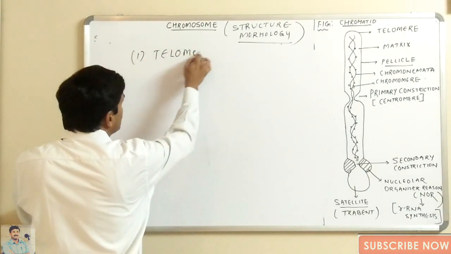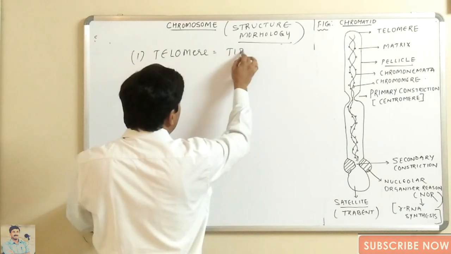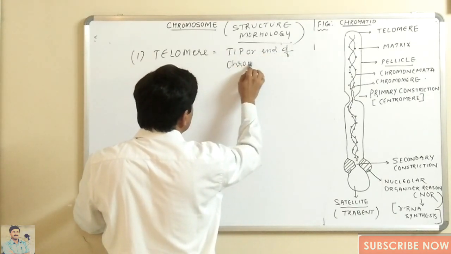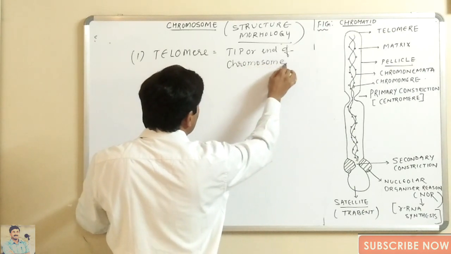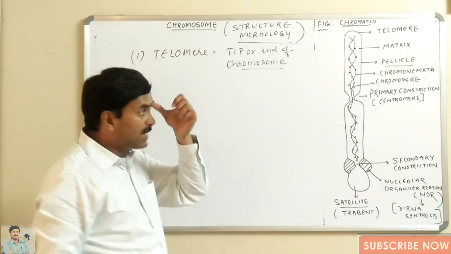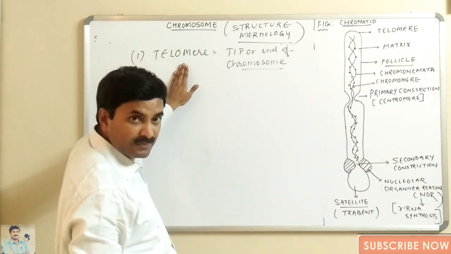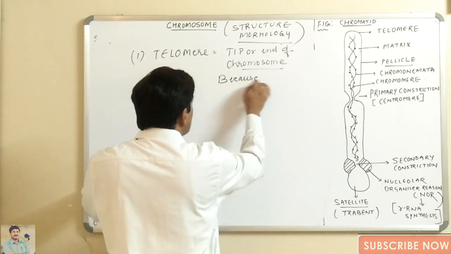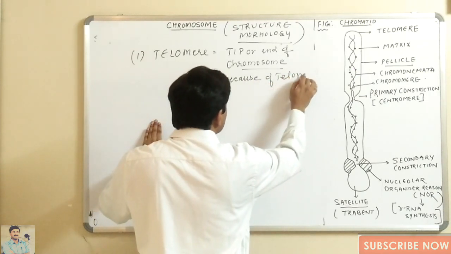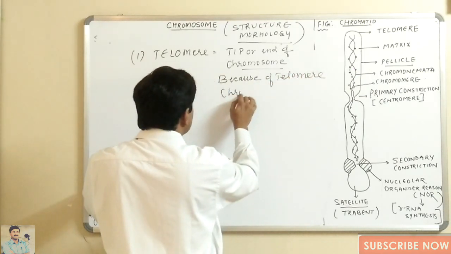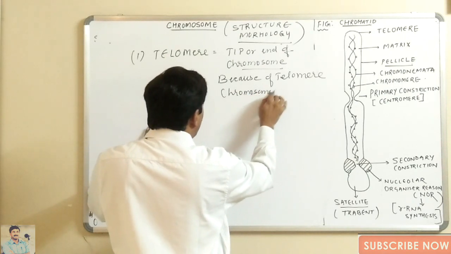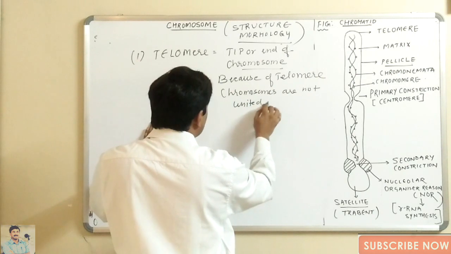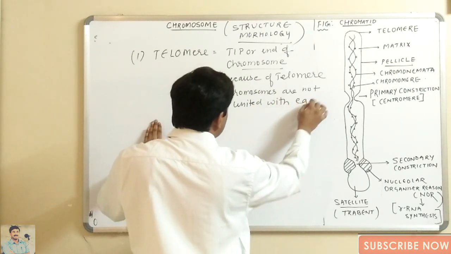telomere. This is actually the tip or end of the chromosome. The ends of the chromosomes are called the telomere. Okay. And because of the telomere, chromosomes are not united with each other.